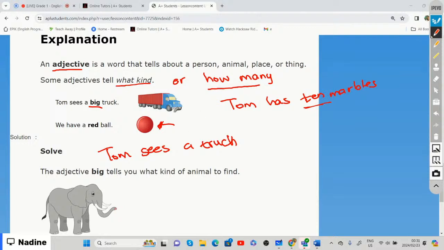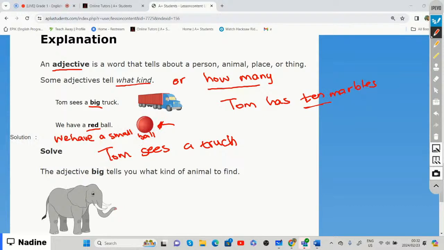Like, for example, if we look at this ball, we can say we have a red ball, or a small ball, or a round ball. So that is how we describe the ball.